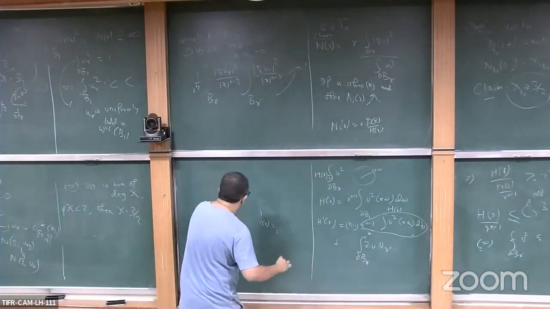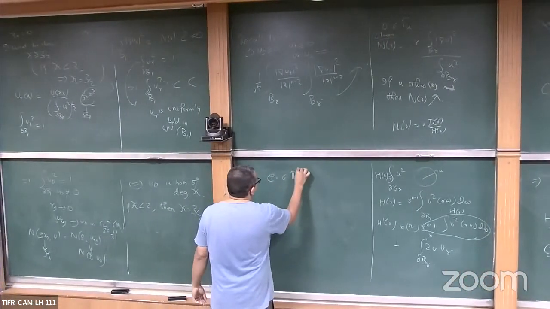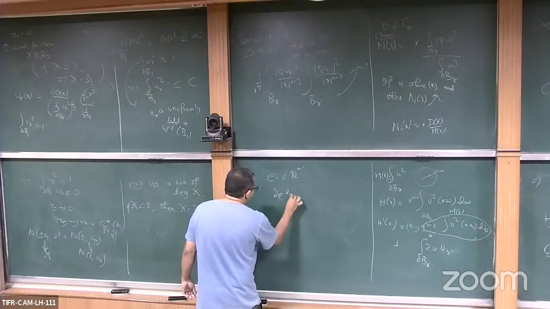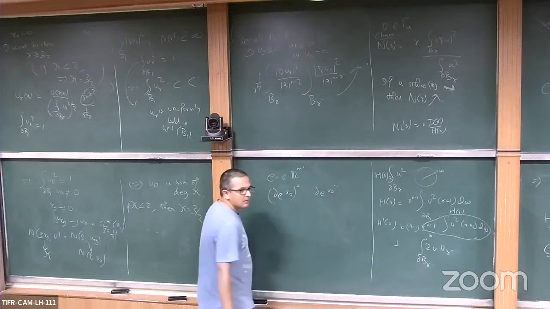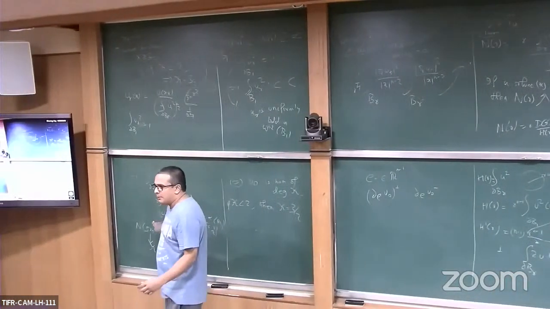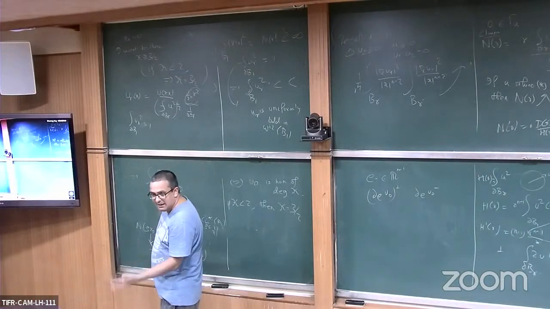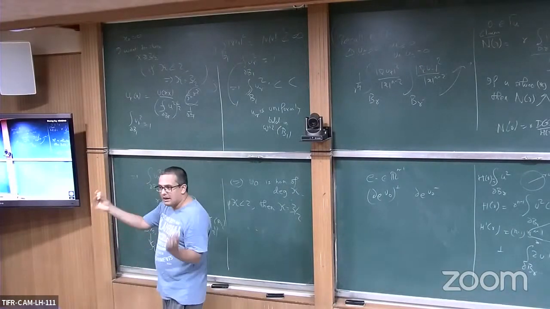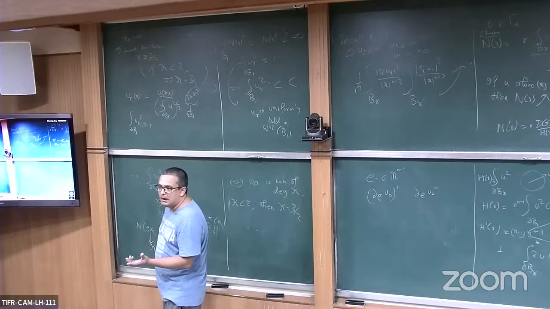Now what I do is that I need to apply it to the right candidate. For a tangential direction E in R^(n-1), I apply it to del E of u naught plus and del E of u naught minus, the limit, along a certain subsequence. At this point, I don't even know whether the entire sequence converges to something, but at least I know that whichever sequence goes wherever, the limit u naught has to be homogeneous of the same degree kappa.